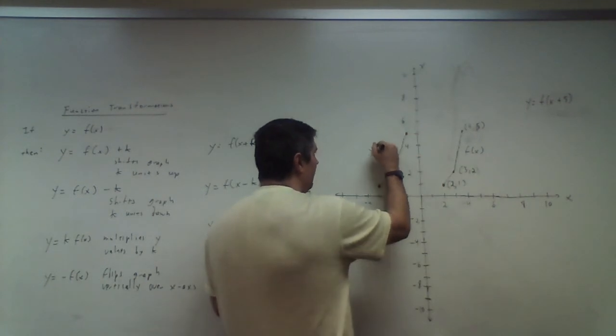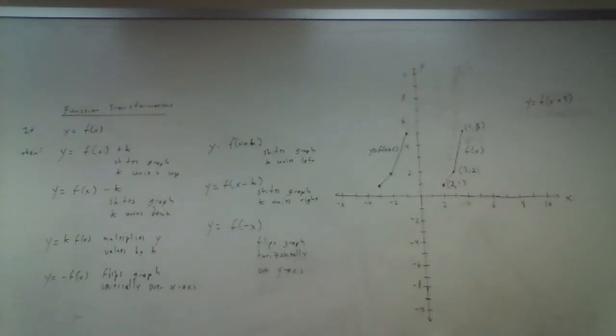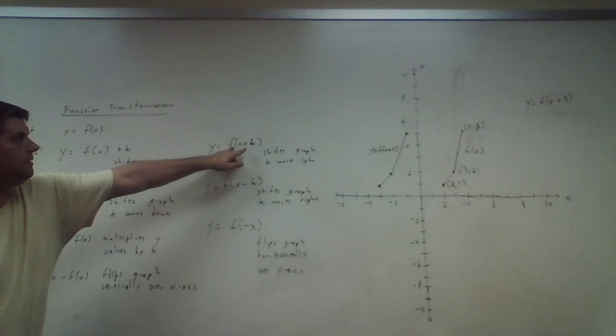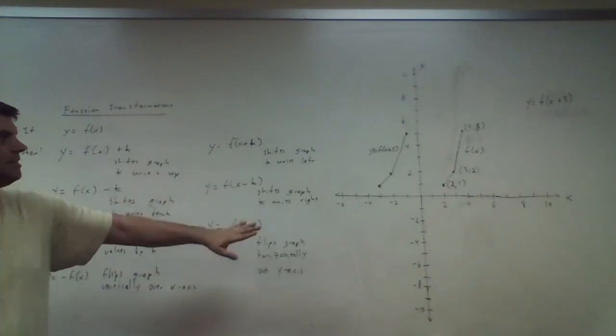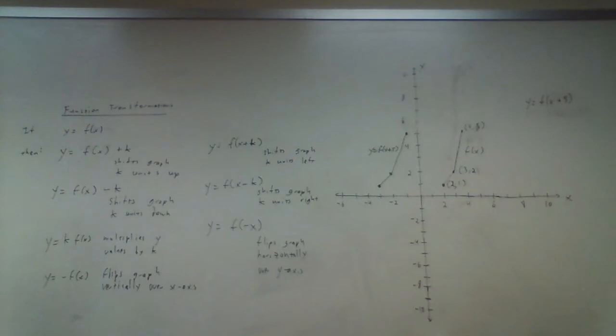And that is y equals f of x plus 5. The plus 5 was in parentheses, and that caused this to get shifted over 5 places.